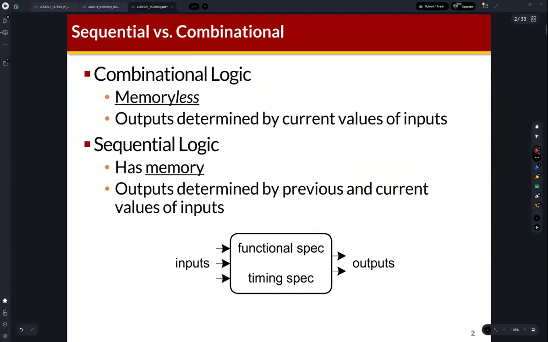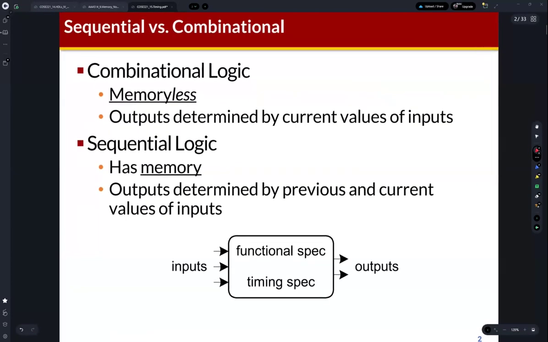I believe I showed this slide many times, right? This slide compares combinational logic and sequential logic. You can see that combinational logic is memoryless and sequential logic has memory, so you can compare them based on memory.